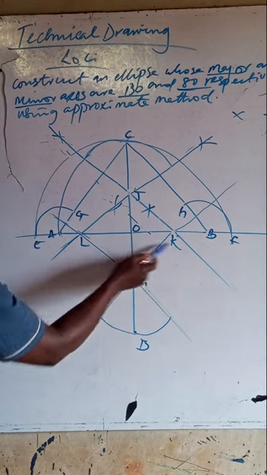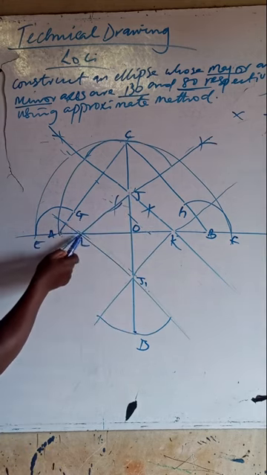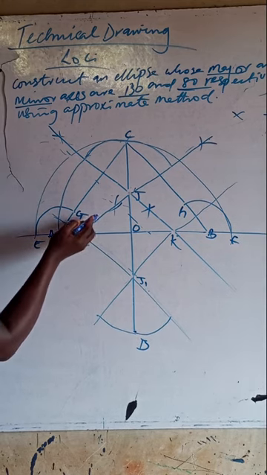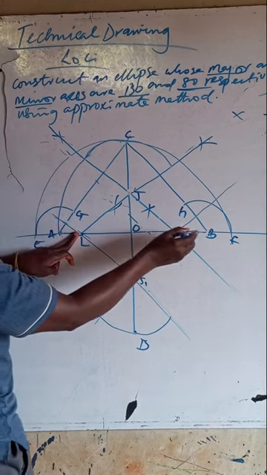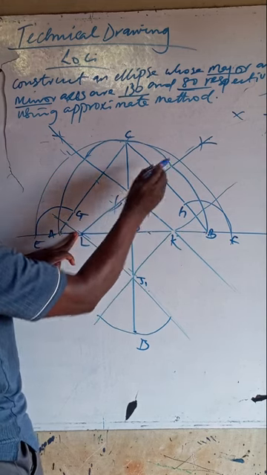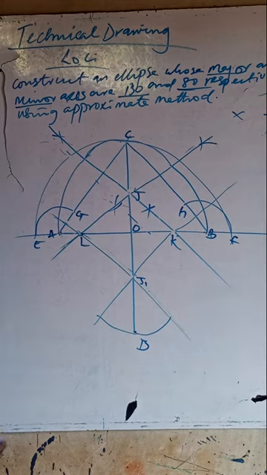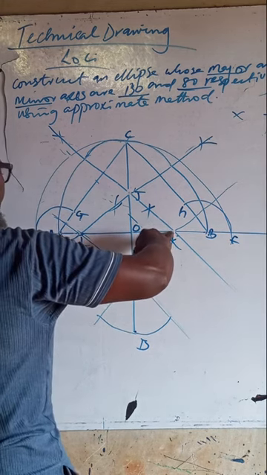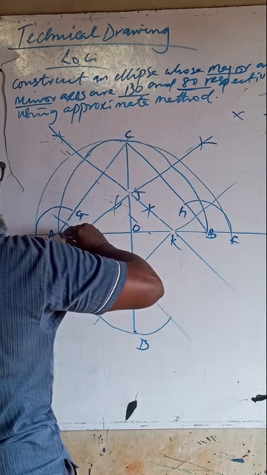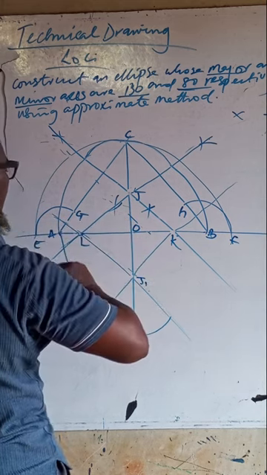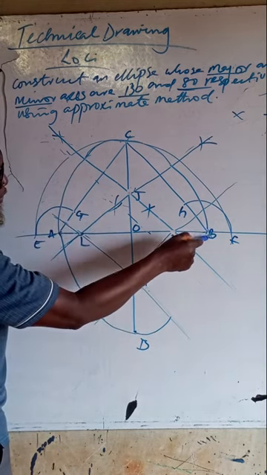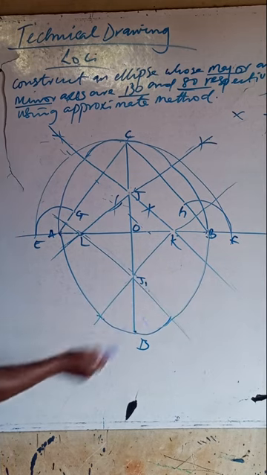Understand? Then come to the other side where this bisector and this bisector are meeting, and at this point, you stay here and extend it to B and you draw this. Is that clear? Then you do it for the bottom again. You put it on K here and extend it to A and you join this. Then you put it on L, extend it to B and you join this.